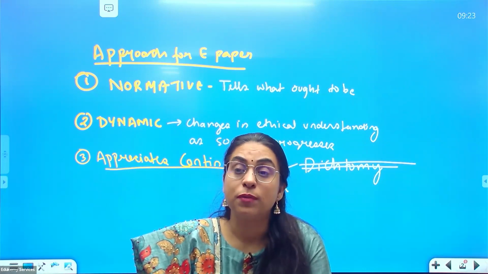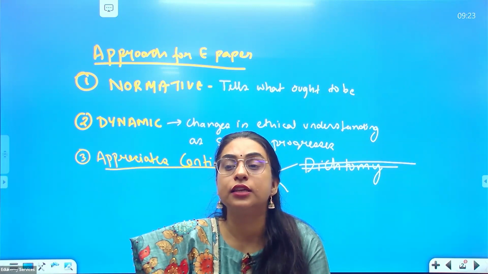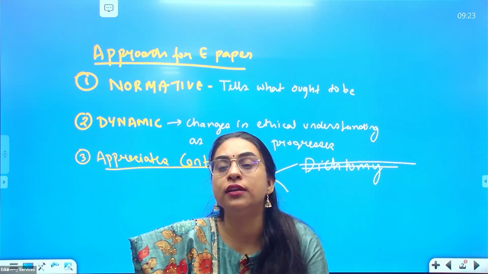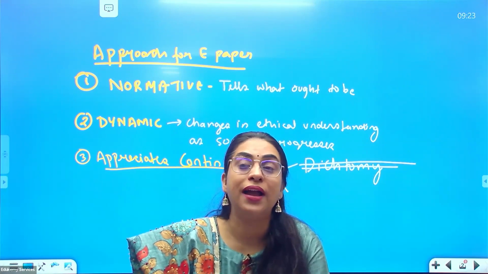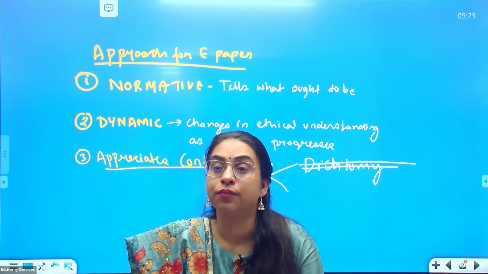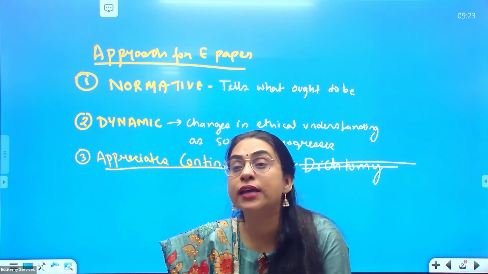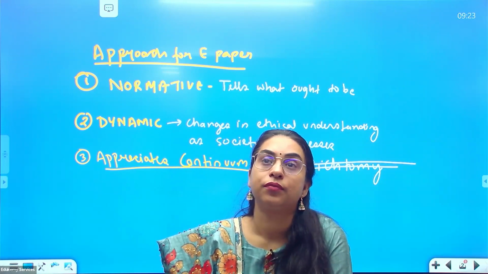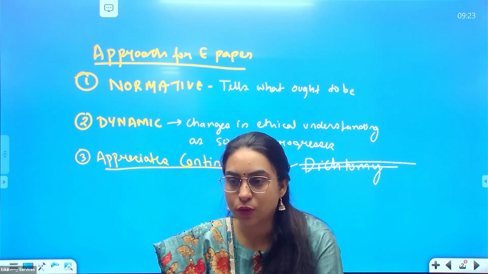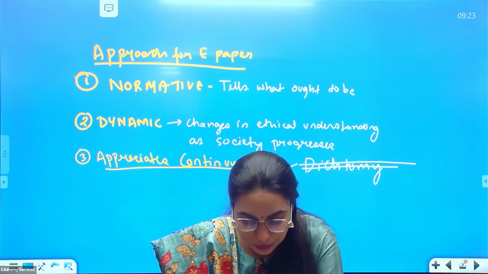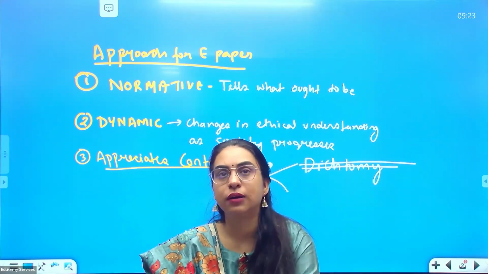We need to be more mature and understand that this person is probably not good in this aspect, but bad in that aspect. This person is wise in this aspect. तो डाइकोटमी नहीं होगा. हर इंसान में कुछ अच्छा बुरा है. Every person is a combination of good and bad.